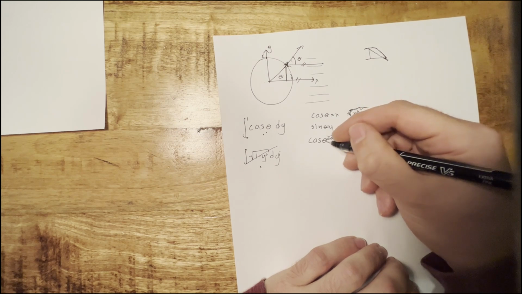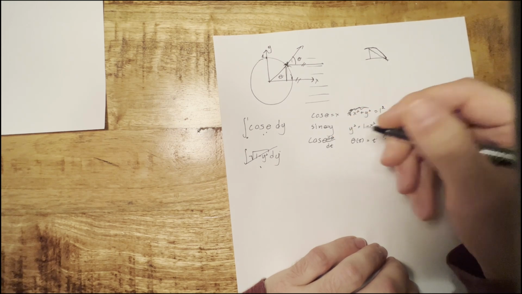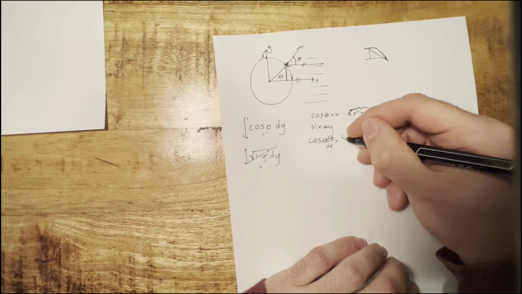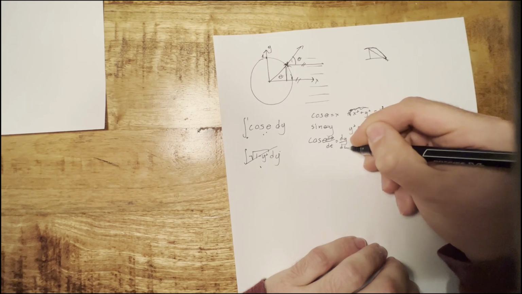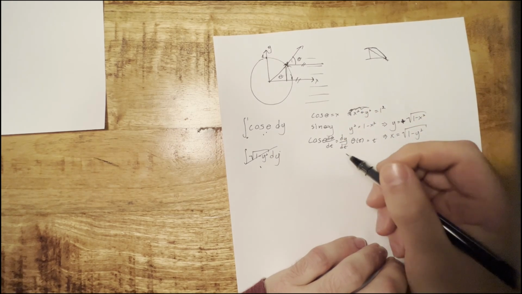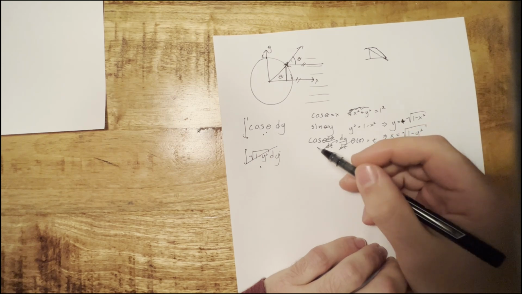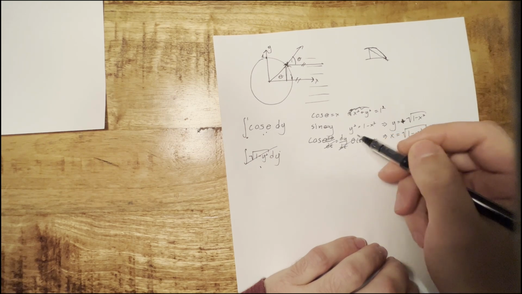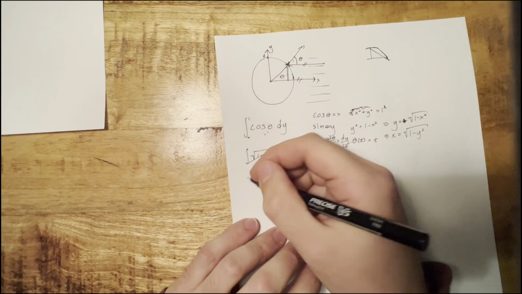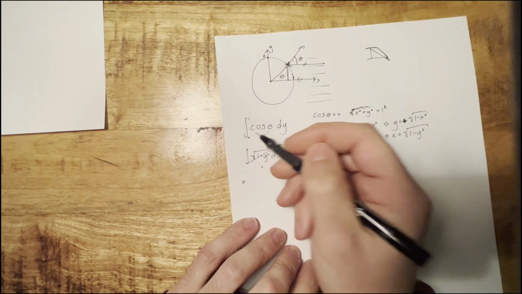So that's going to be d theta over dt. And that's going to equal the change in y with respect to the change in time. Now, I'm a charlatan, so I can just cross these both out, and I get cosine theta d theta equals dy.